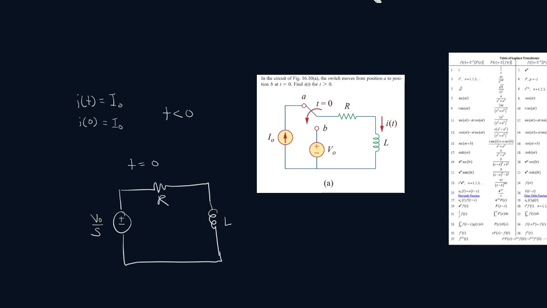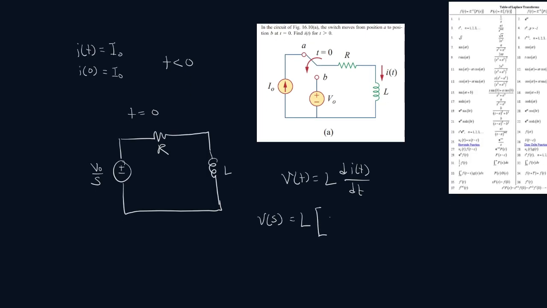And now this is the interesting part. So recall, voltage V of t is equal to the inductance times di of t over dt. Getting the Laplace for this, we have V of S is equal to L times S of I of S minus I of 0.